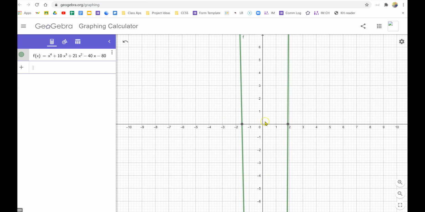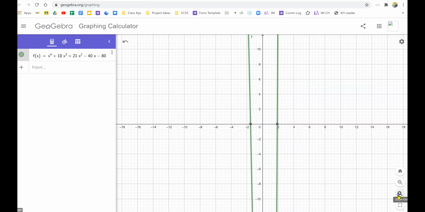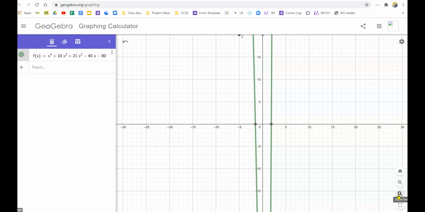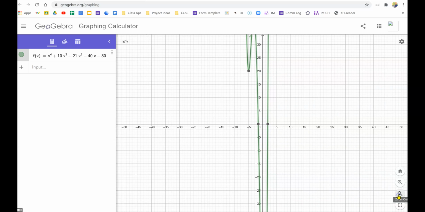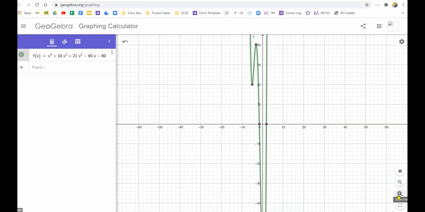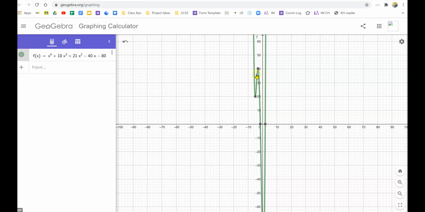Now, if I zoom out by selecting the minus, zoom out a little bit, you can see that that graph isn't just a parabola, but it makes this weird W shape.